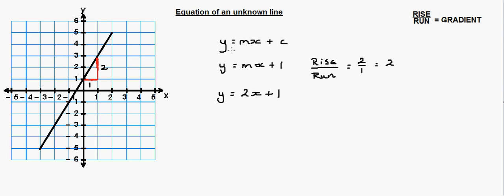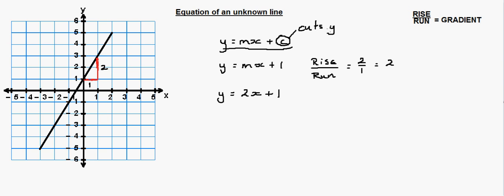Okay, now when we did straight lines before, if you remember, I said to you that the general equation for a straight line is y equals mx plus c. Now the c value is what we call the y-intercept, but I remember c for cut, so c cuts the y-axis.